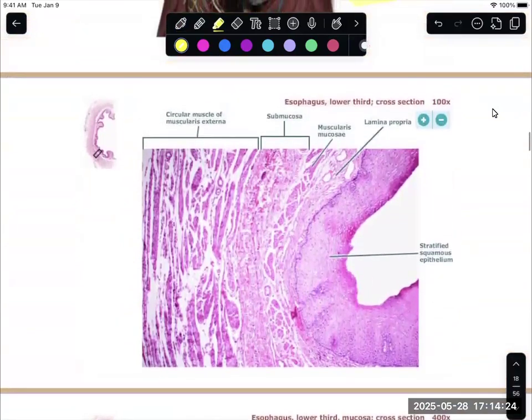So let's look at some of the histology here, because this is the only way that we're going to get these different layers of some of this stuff.